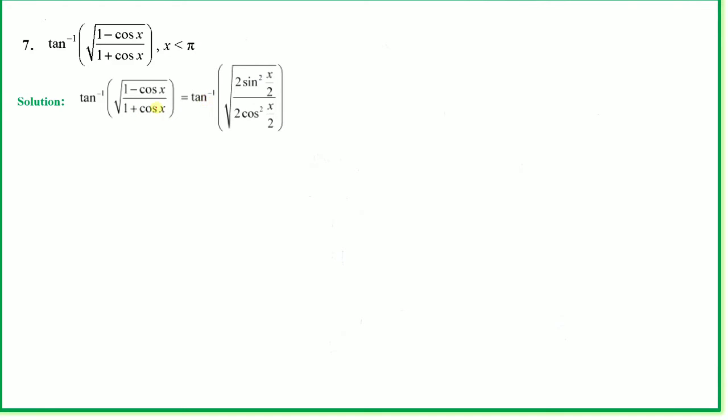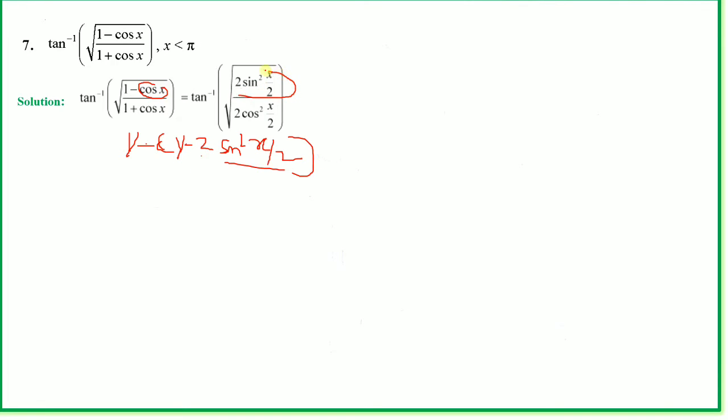Now for this cos x, as I told you previously, 1 minus the value of cos x, we have put 1 minus 2 sin square x by 2. So in this case, now this 1 and 1 cancel, and minus into minus is plus. So 2 sin square x by 2.